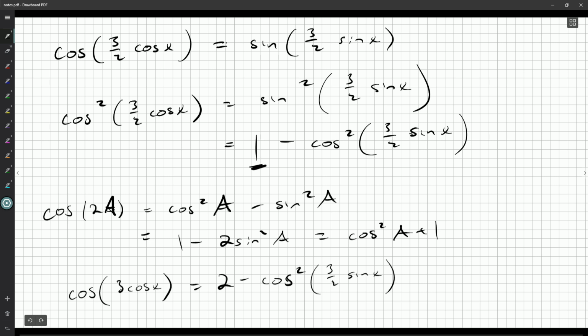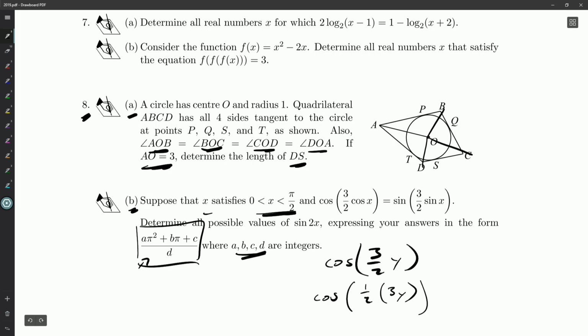I don't like that it's cos x and sin x. I wish there were a way to get rid of a cos x or a sin x and turn those around. Now I know x is acute, but I don't think that's really helpful at all.